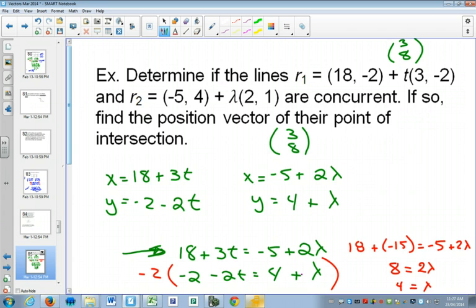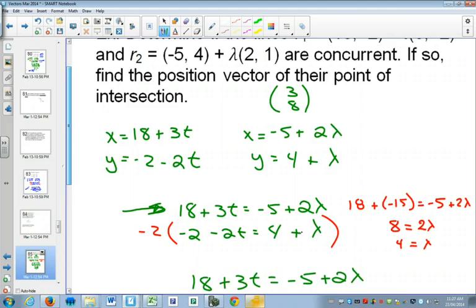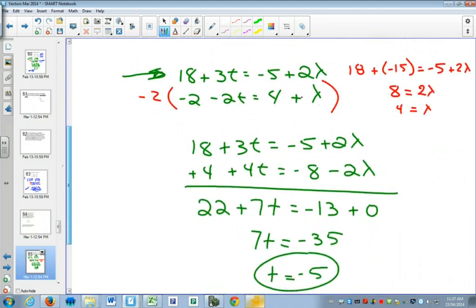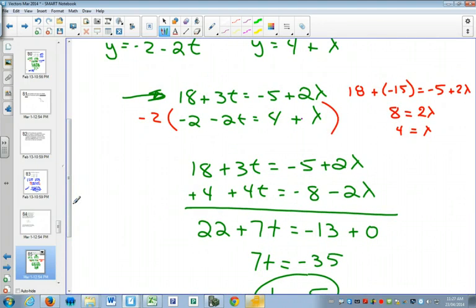Sometimes 1 mark for this one, 1 mark for this one. 1 mark for setting up your system. So we're at 3 marks already. 1 mark for solving for t, 1 mark for solving for lambda, and 1 mark for solving for the actual point. And it's a 6-mark question that isn't that involved. So you want to make sure you get all 5 or 6 marks from that question. We're going to skip the next one and do the 3-dimensional one.